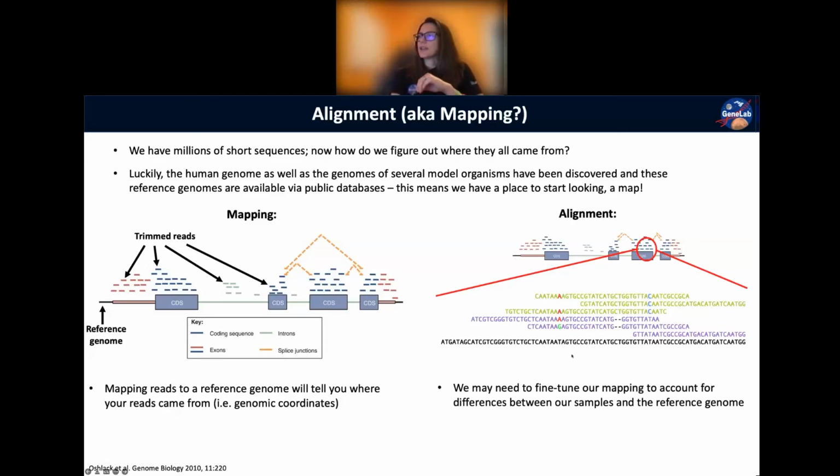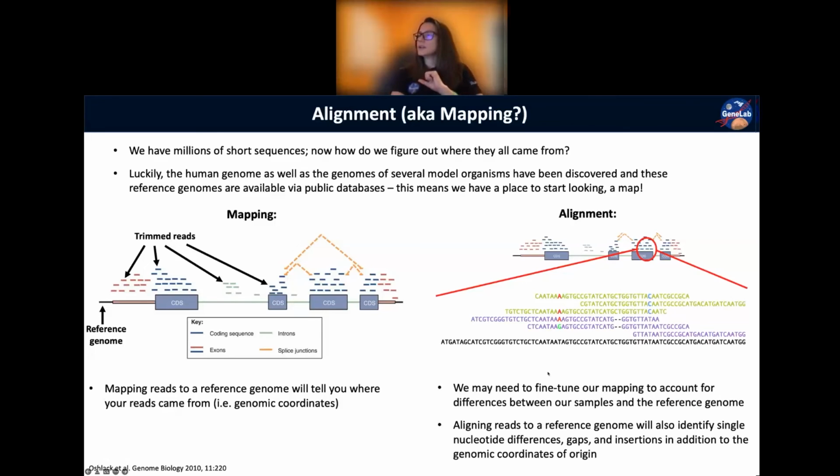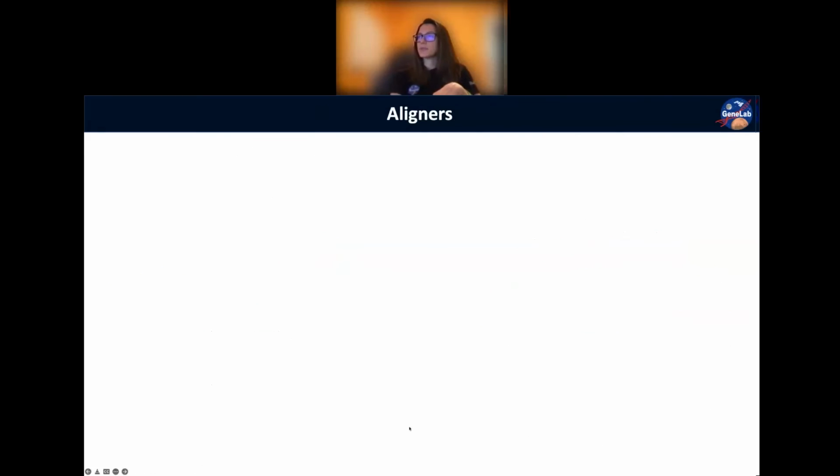So alignment takes longer than mapping because it's more detailed and has to account for things like insertions, deletions, and so on, which we're going to get into. So aligning reads to a reference, we can identify things like single nucleotide differences, gaps, insertions, in addition to, of course, the genomic coordinates of origin, or where our sequences came from.